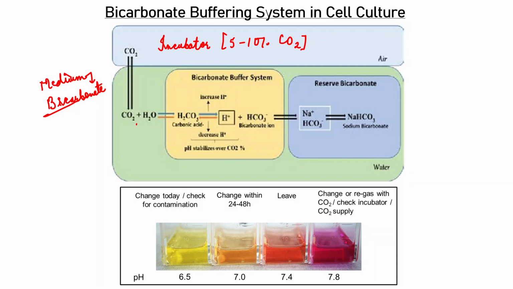Now here Le-Chatelier's principle will be followed for this buffering system. So what Le-Chatelier's principle says is that this reaction can go either way. If your H plus ion increases, it will go backwards and it will again form carbonic acid. However, if your H plus ion decreases, it will go forward and it will form extra H plus ion, and this is how this entire buffering system will take place.